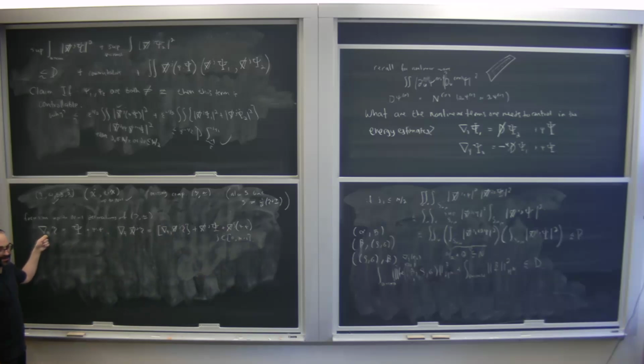Nabla 4 lowers the signature by one, so this has to be signature minus one. The signature of eta is 0, therefore the signature of Nabla 4 of eta is minus 1, because remember signature is 3s minus 4s.